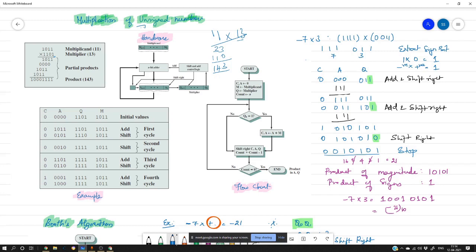So if the multiplier bit is 1, then you just have this 1011, which is the multiplicand, copied to the partial product. In the next step, before you consider the next bit in the multiplier, you shift one position, meaning that you leave this blank or just have 0. That is what is called shifting.